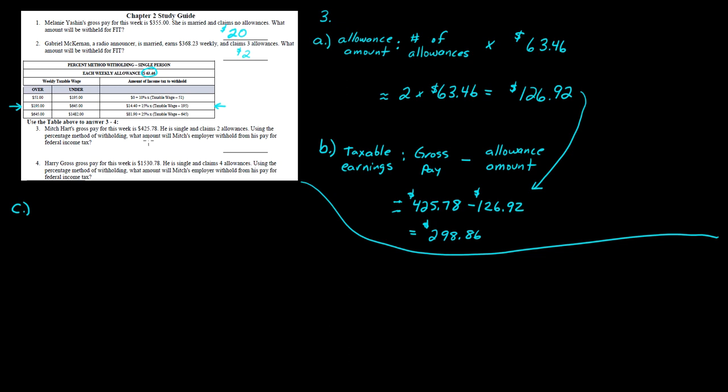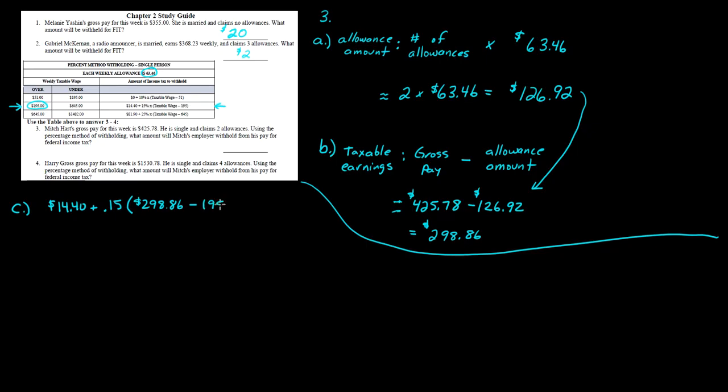So this is the information that we use to find the amount of the taxes. So it says here that we are going to pay $14.40 plus 15%, written as a decimal, so 0.15, times the taxable wages, taxable earnings, $298.86 minus 195, and we got that 195 because it's the over amount right there.